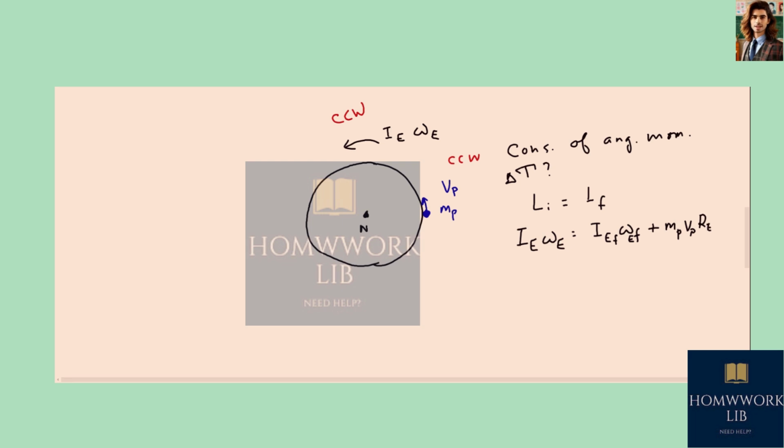And again, we'll use both definitions of angular momentum. And what we see is that if we solve for the angular velocity final, we get basically the initial angular momentum will be subtracted from by the people running. Okay, so they will subtract from the initial angular momentum.